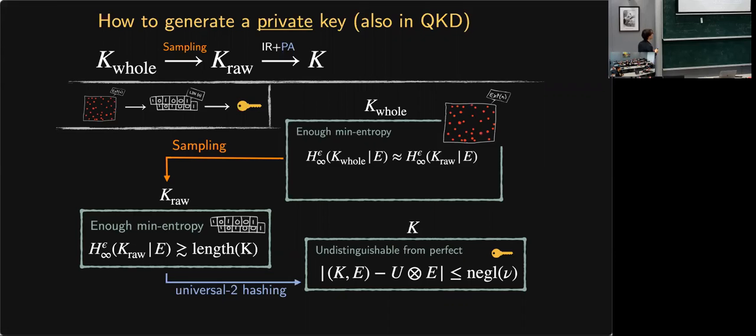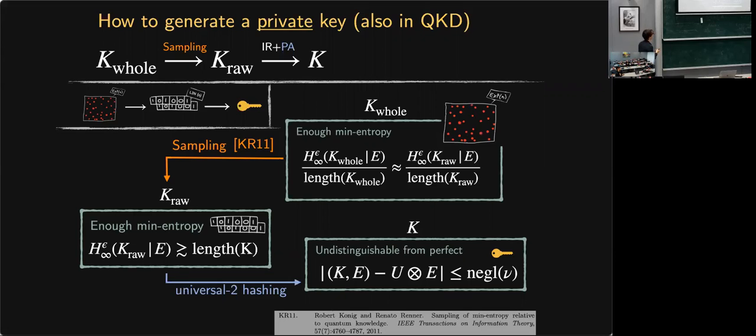And we use some theorem that says that the quantity of min entropy in this whole key divided by the length of this key is the same as the quantity of min entropy in the raw key divided by the length of the raw key. What this means is that when we sample the quantity of min entropy of E, the fraction in the whole corresponds to the fraction in the raw key.